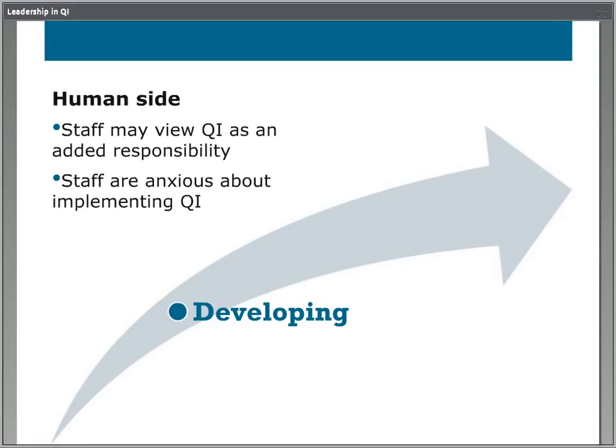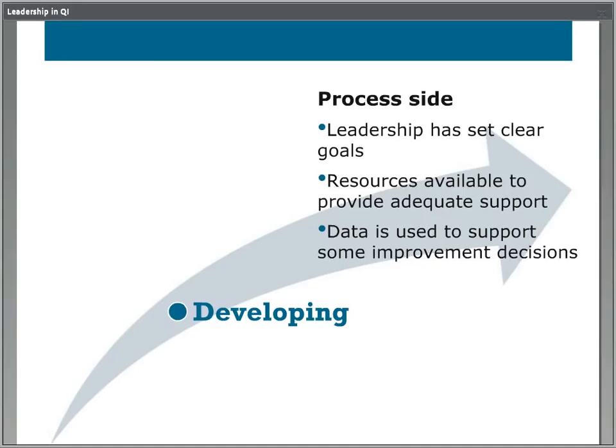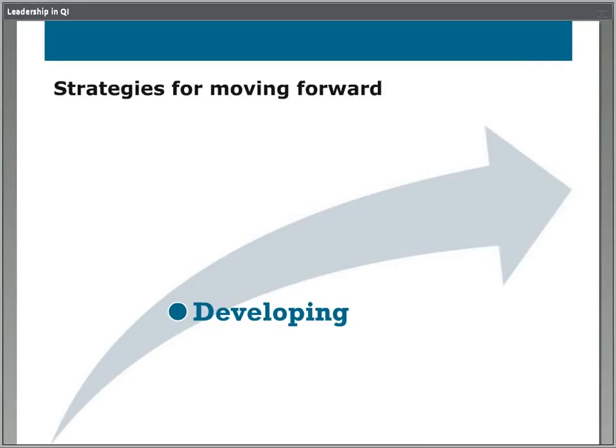It's not about judging. For the process side, we start to see that leadership has set these clear improvement goals, and resources are starting to become available to provide that support. And data is starting to be used to actually support some of the improvement decisions that are going to be made.